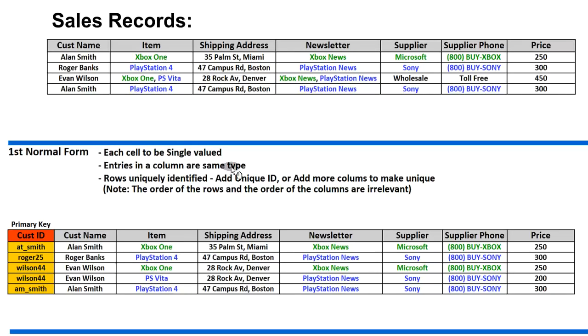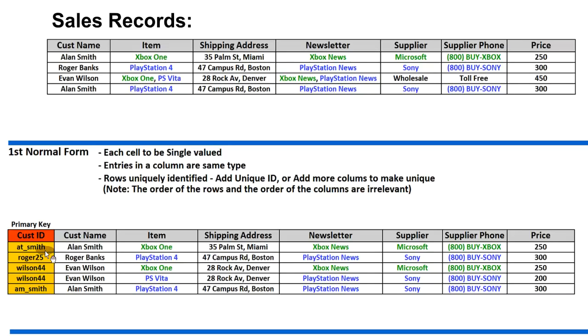Entries in the column are the same type, so wholesale and toll-free were replaced with the proper values. Now we don't allow entry of just random values in here. They have to be filled out properly. And the rows must be uniquely identified. So these people are made to create some kind of customer ID that they can sign in to this website.